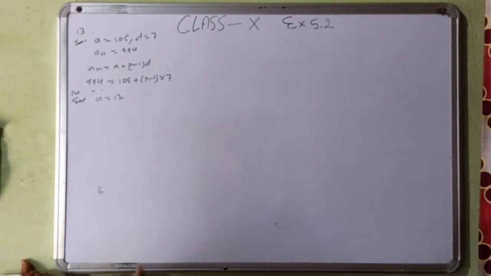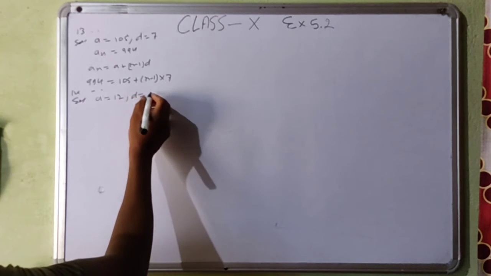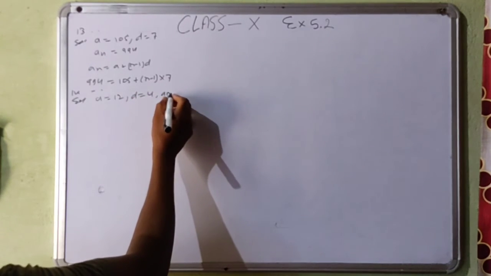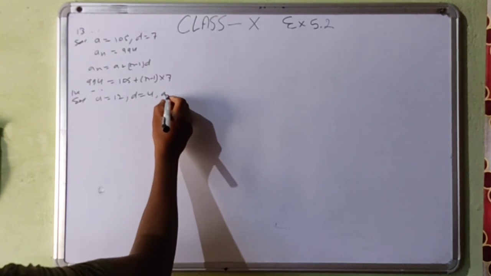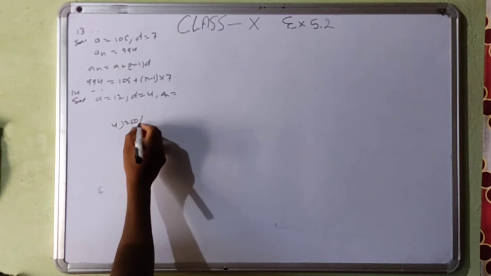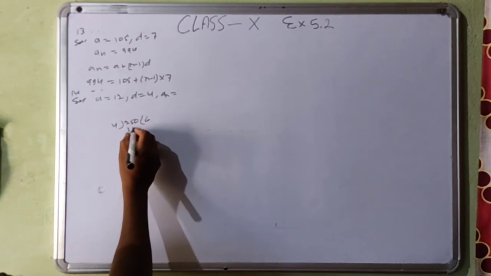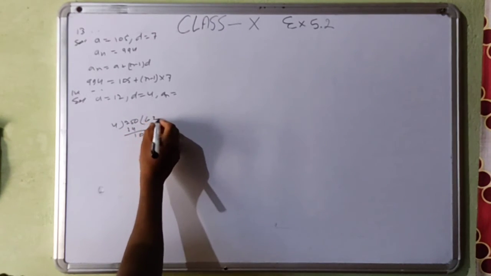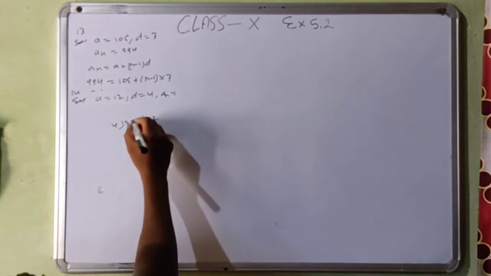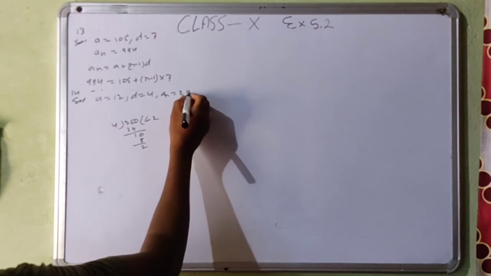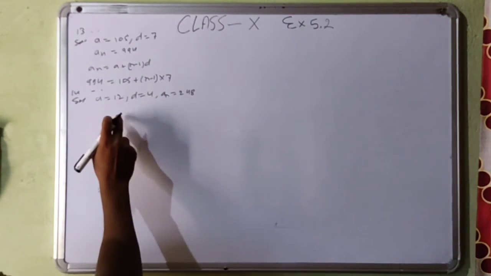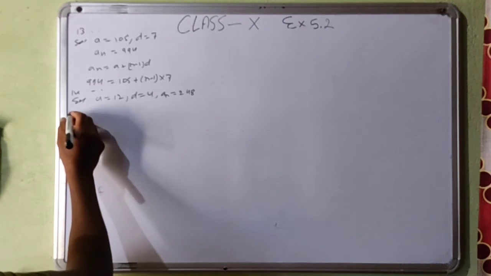So the first term is 12, and d is equal to 4, because we are taking the multiples of 4, and then a_n is equal to 250, which will not divide by 4. So 4 sixes are 24, then 4 twos are 8, then 2 is left. So we subtract 2 from 250, so that will be 248. By the same formula, you can find the answer.